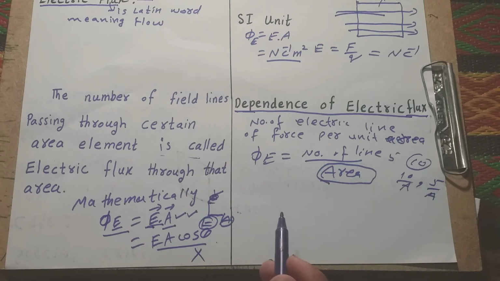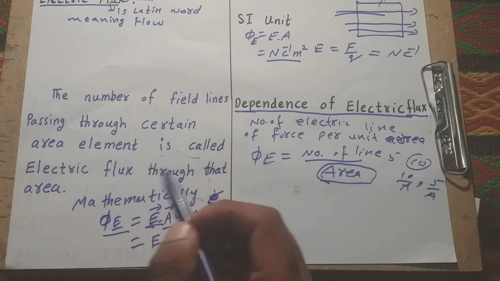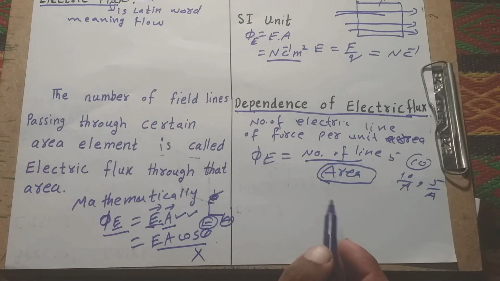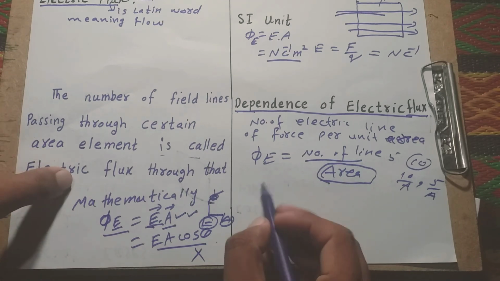If we pass more lines through the area, then electric flux is more, and if we pass fewer lines, then electric flux is less.